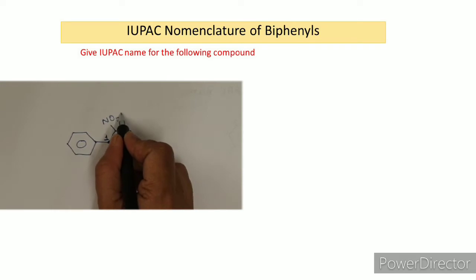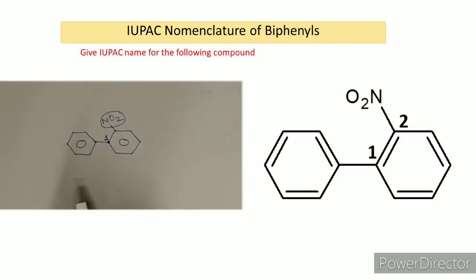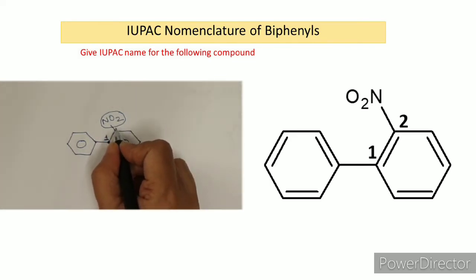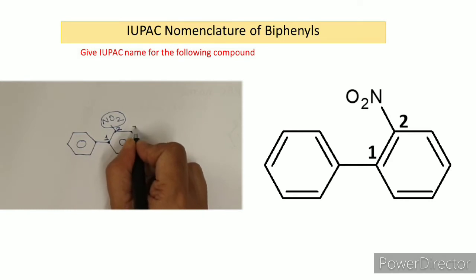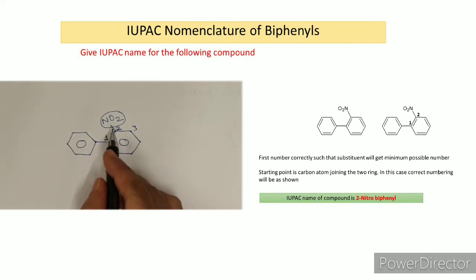In this case this NO2 is our substituent, that is the nitro group, and it should get the minimum number. So I will number this carbon as 2, 3 and so on. Now this nitro group is to be written as a prefix with its number. So I will write 2-nitro followed by the parent name of this compound, meaning biphenyl.